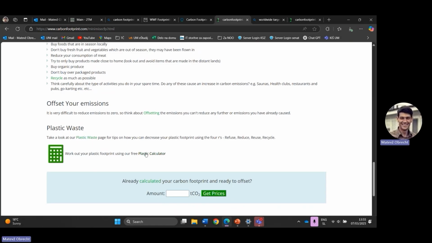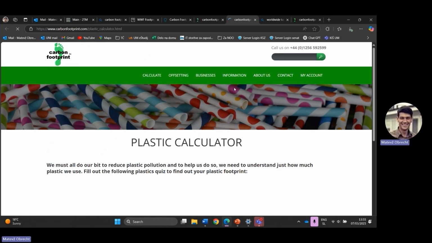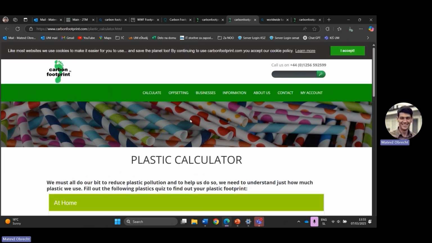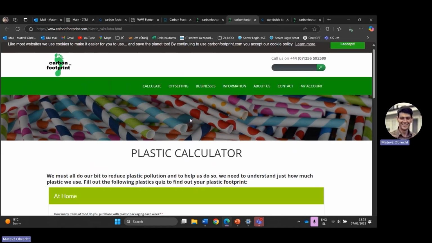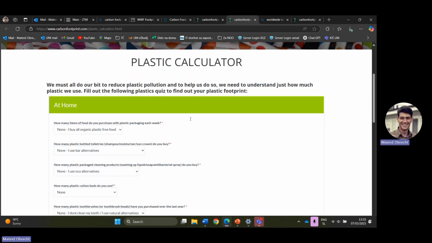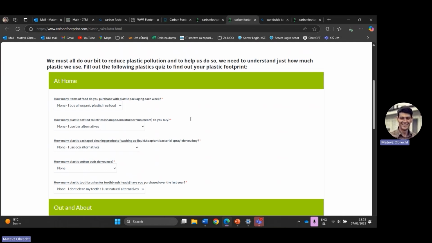You can see that the plastic calculator is one additional tool that you can use for the environmental assessment. So as mentioned, carbon footprint measures carbon emissions. Water footprint will tell you how much water you use, and the plastic calculator will tell you how much plastic you use, what's your impact regarding the plastic use.